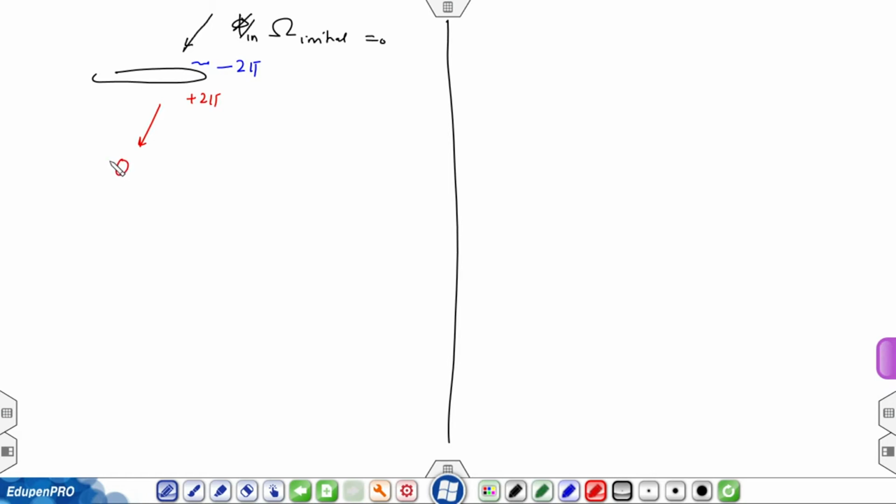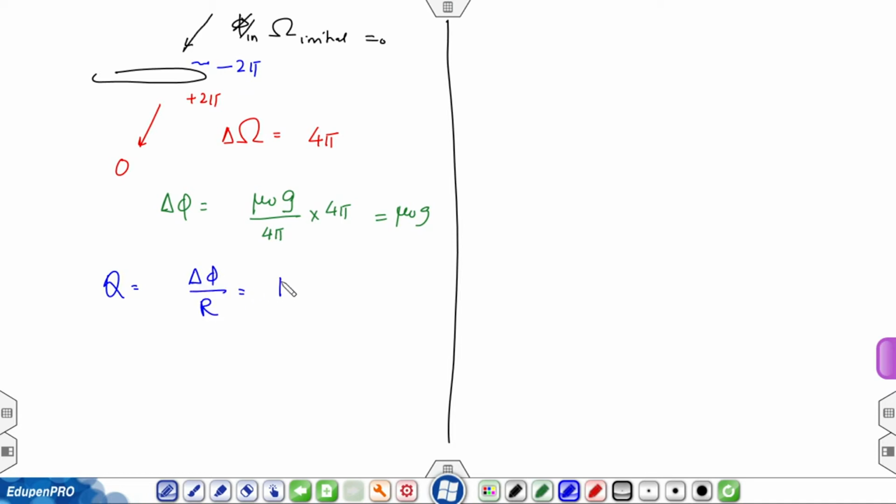So, omega has changed in the process from 0 to minus 2 pi to plus 2 pi to 0. So, delta omega is actually 4 pi. Therefore, delta phi is going to be mu 0 g over 4 pi times 4 pi, which is mu 0 g, and total charge q therefore, is delta phi over R, which is mu 0 g over R. That is the answer.